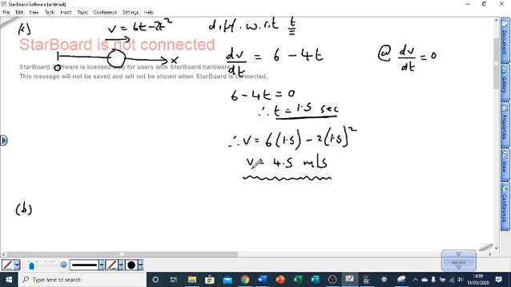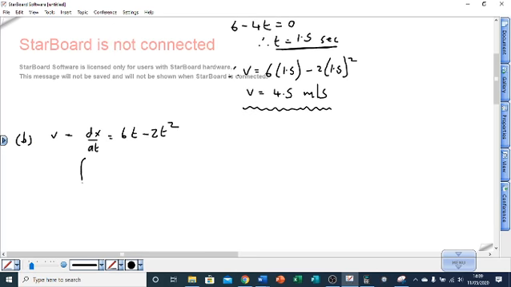So now we're going to get the velocity and integrate it, because we know that velocity is equal to dx by dt, which is equal to 6t minus 2t squared. So we're going to integrate both sides with respect to t.